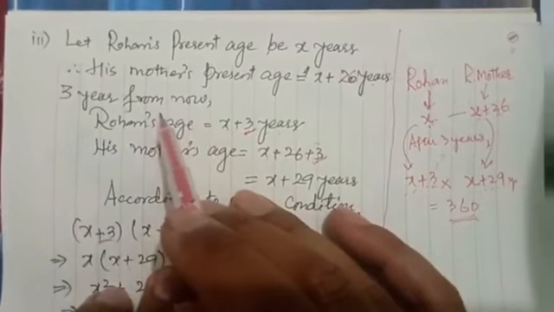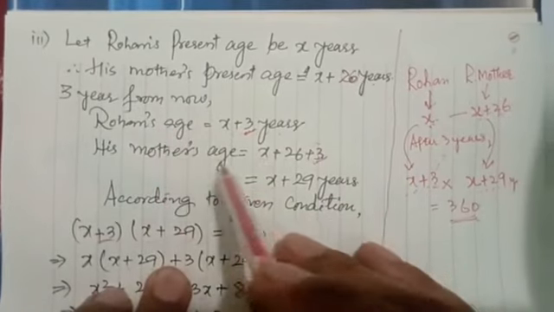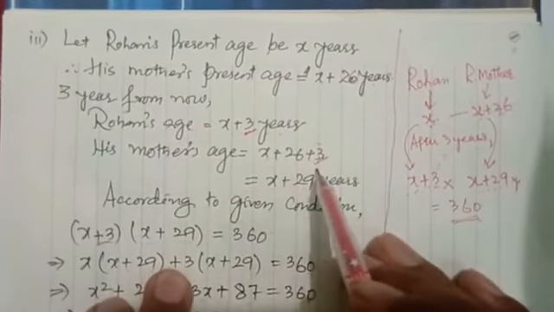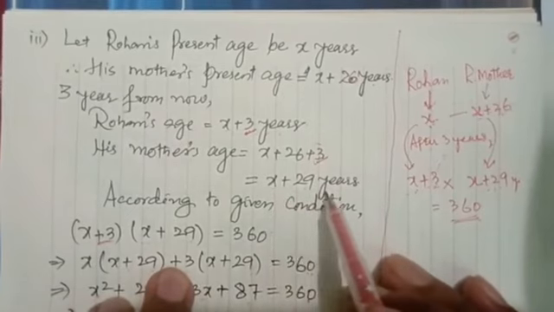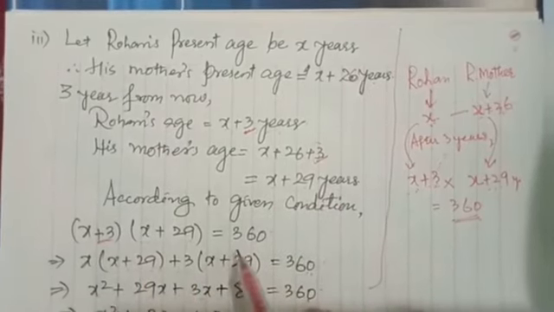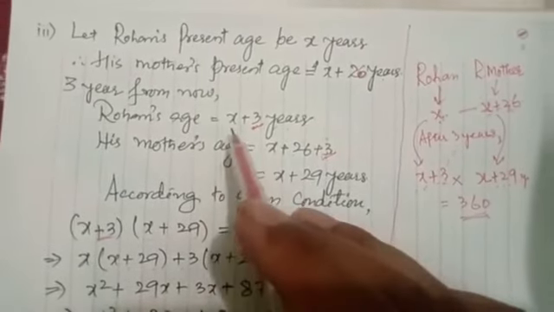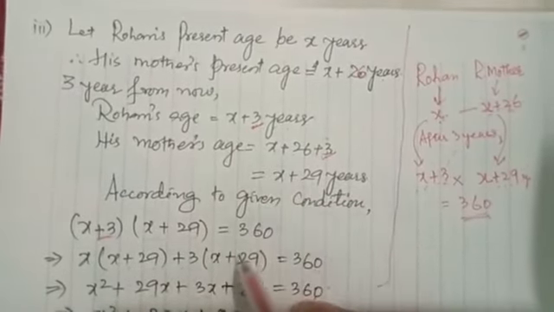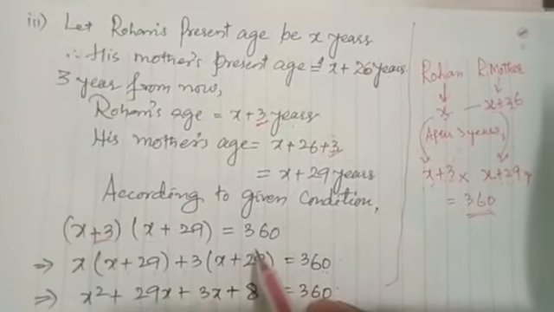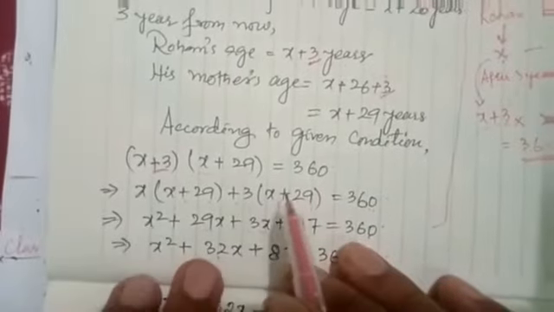Because 3 years will have passed. His mother's age will be x plus 26 plus 3, that's x plus 29 years. According to the given condition, the product of their ages after 3 years, that is x plus 3 into x plus 29, will be equal to 360. Now we will do the simplification.